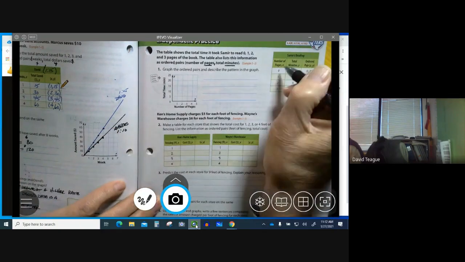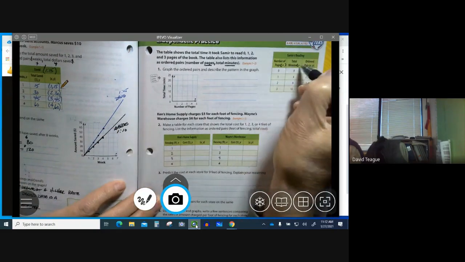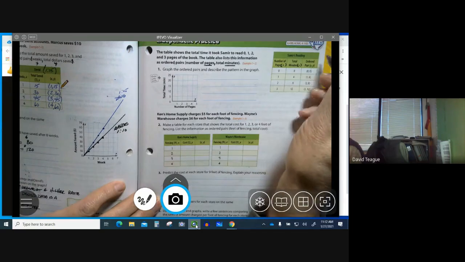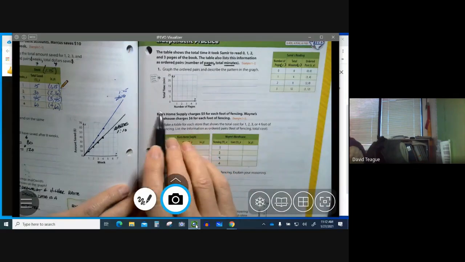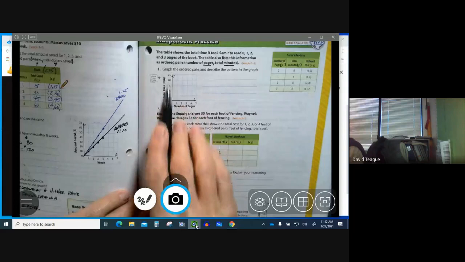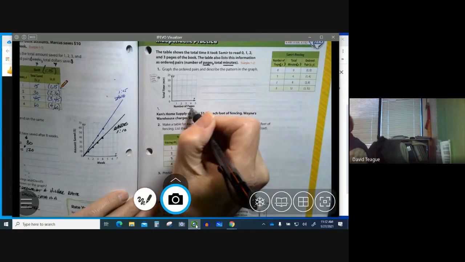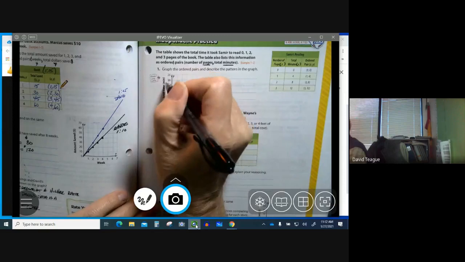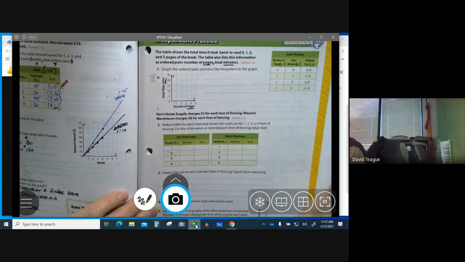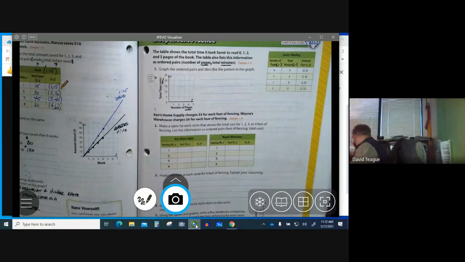Okay, so this is our X, this is our Y, this is our ordered pair. Right? And we have these two number lines that intersect. And this is pages. So this side is pages, this side is minutes.